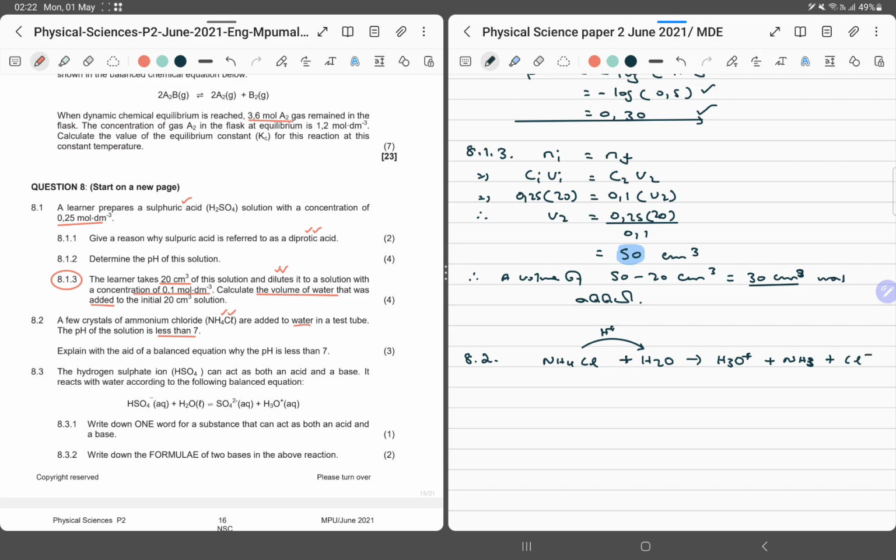So for me, chlorine is just going to be left out in the cold. So what happens here is that this is a weak base, this is a strong acid. So we can say the solution yields the H3O+ ions, which are a strong acid.